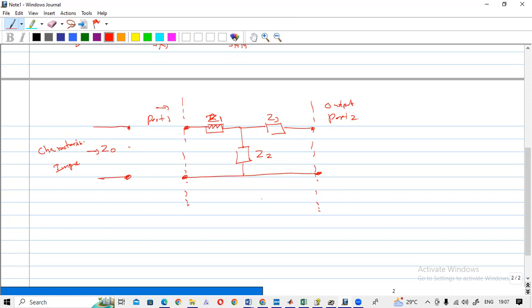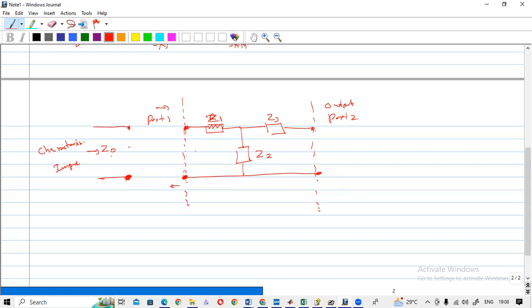Here we are considering forward and reflected voltage. So why are signals reflecting? Due to this impedance mismatch. If this Z naught is not matched with the input impedance of this circuit, some signal will be reflected. And here the same.